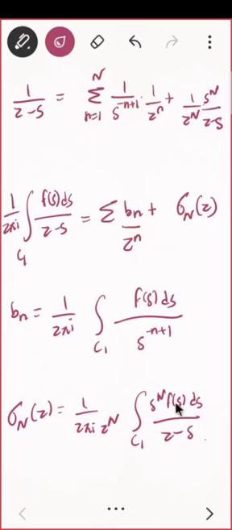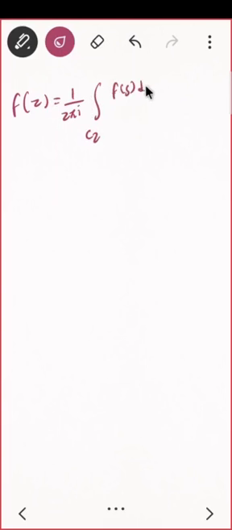So if you substitute the two things in the original equation 1, what will my equation 1 be? Originally it was f of z equal to 1 upon 2 pi i integral over c2 f of s ds upon s minus z, plus 1 upon 2 pi i integral over c1 f of s upon z minus s ds.